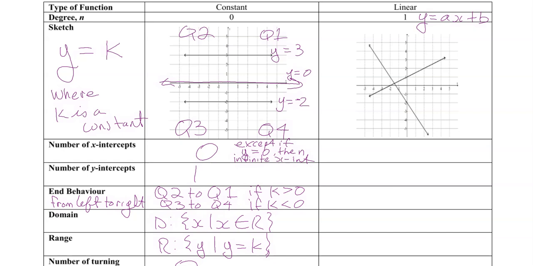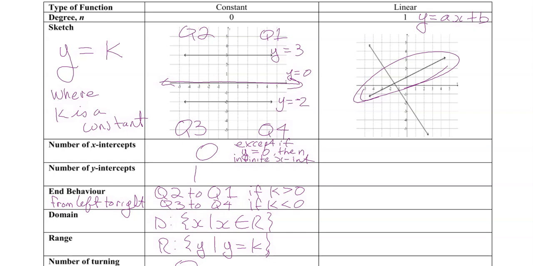What's the characteristic of this line here? What's it doing? What do you know about it? Think back 2 years. Say something. Positive slope? Yeah, it's got a positive slope, which means that a, the slope, has to be greater than 0.